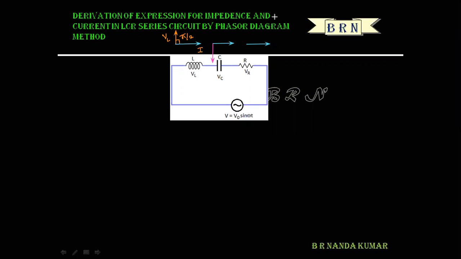So in a purely capacitive circuit, the current flowing through the capacitor is I is equal to I naught sine of omega t plus pi by 2.